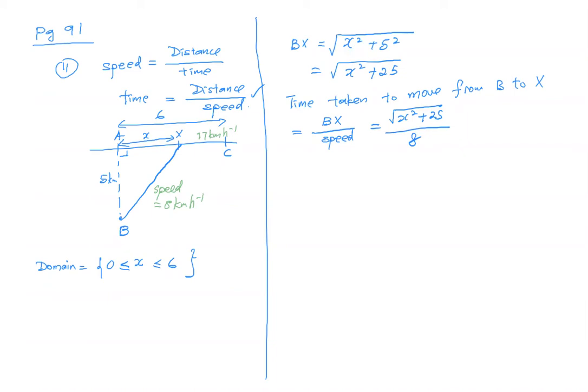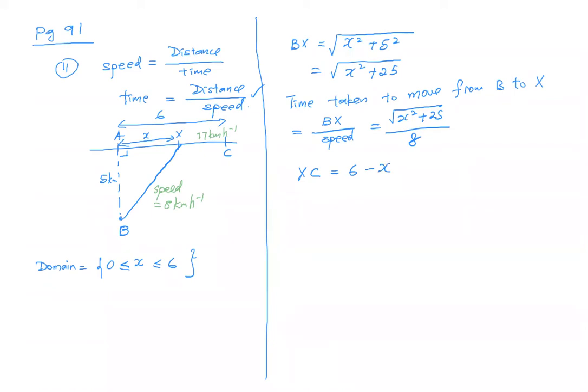Got it? So now let's settle the next one. XC. What is the distance of XC? It will be 6 minus X. Agree with me?